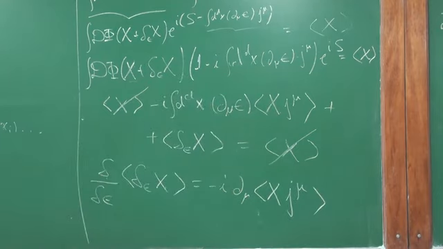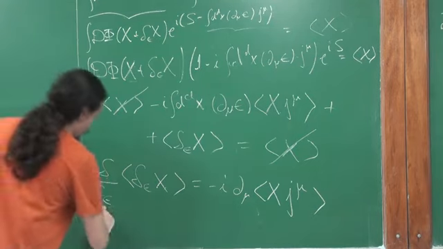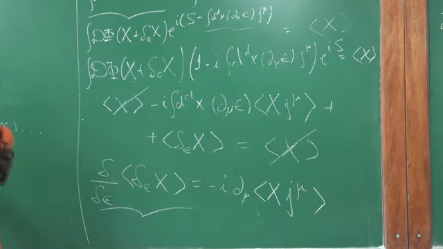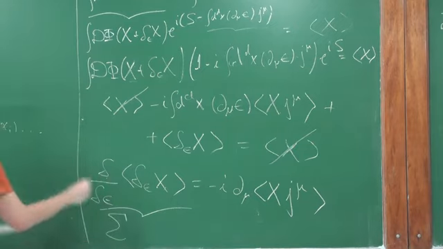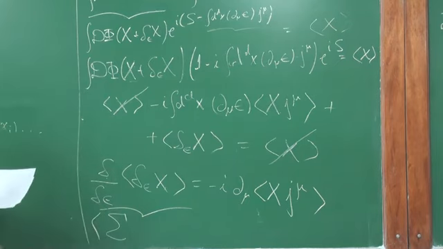Let's see if I do not miss. This side would be typically represented by something like this, the sum inside the correlation function. And this would typically be something like this.